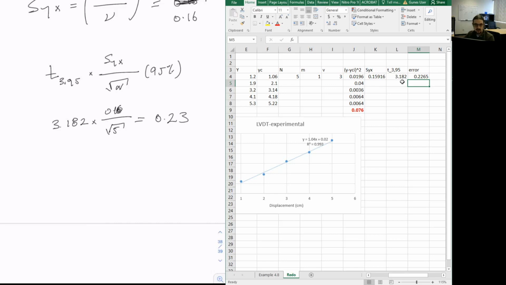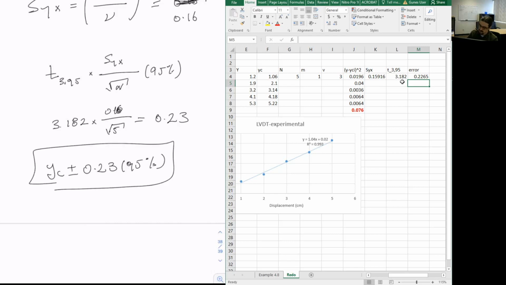So what this means is that my confidence interval at any given point is yc plus or minus 0.23 at 95 percentile. Here's my confidence interval. Hopefully this was good.